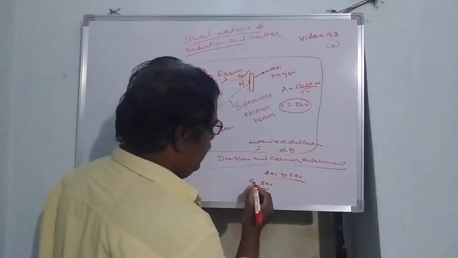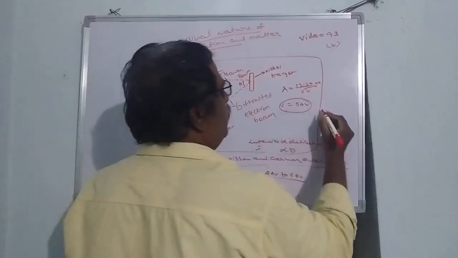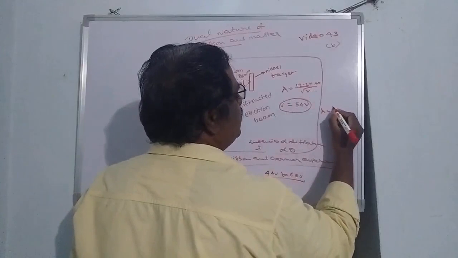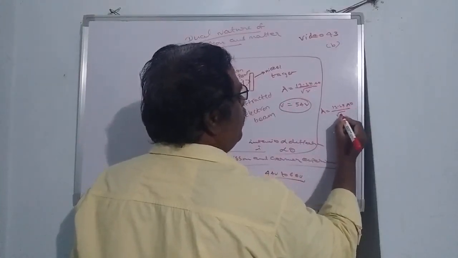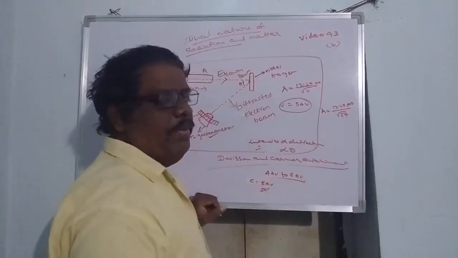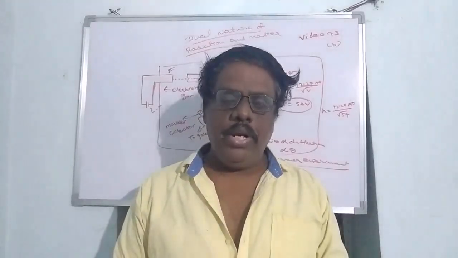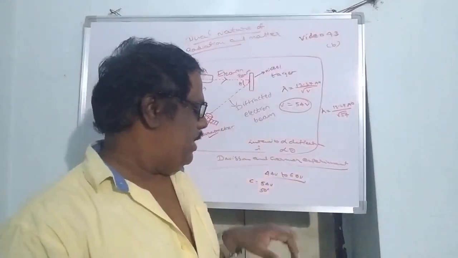This is called critical voltage. This 54 volts, we can substitute to find this lambda in terms of angstroms: 12.27 angstroms by root over 54. Why? Because at 54 voltage only we get the maximum value of deflection at 50 degree.